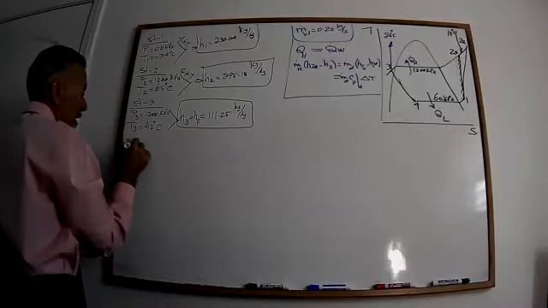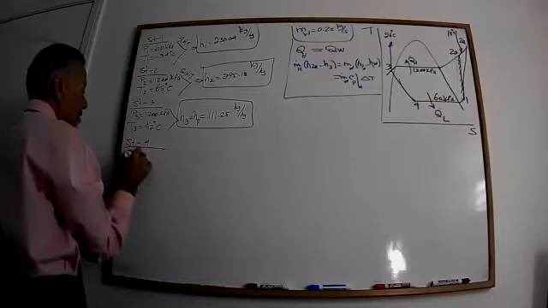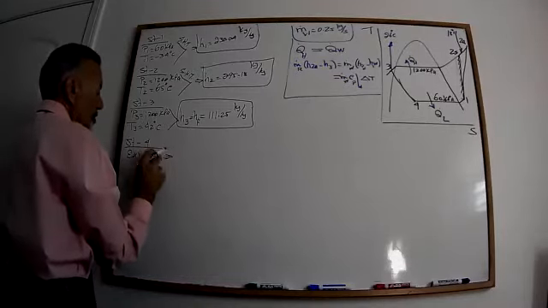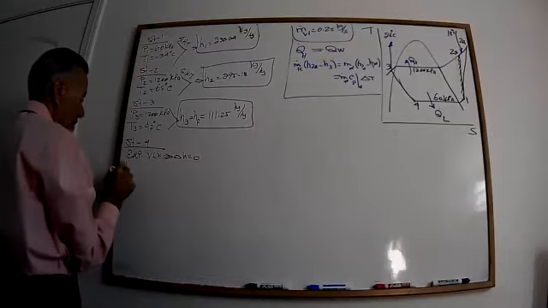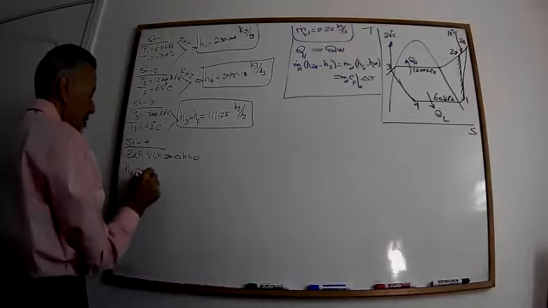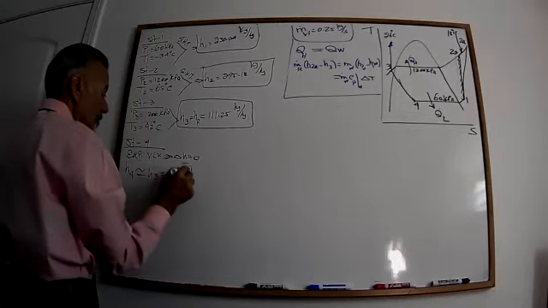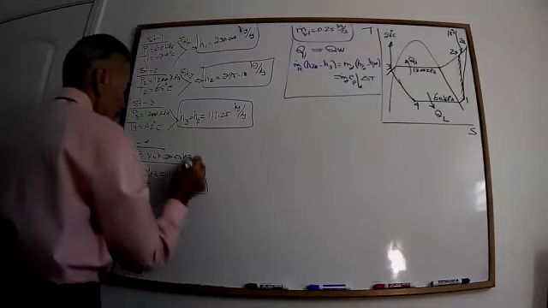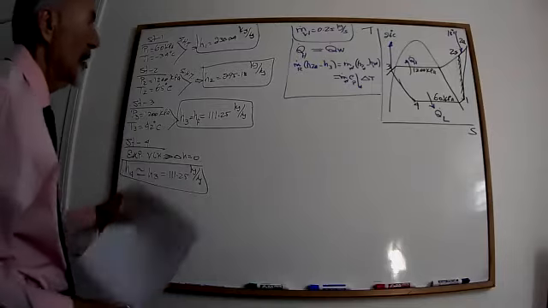Once again, at state 4, we have expansion valve. So that gives us delta H is 0. Therefore, H4 is equal to H3, which is equal to 111.25 kilojoule per kilogram. So we run out of cycle and we find all the H values.